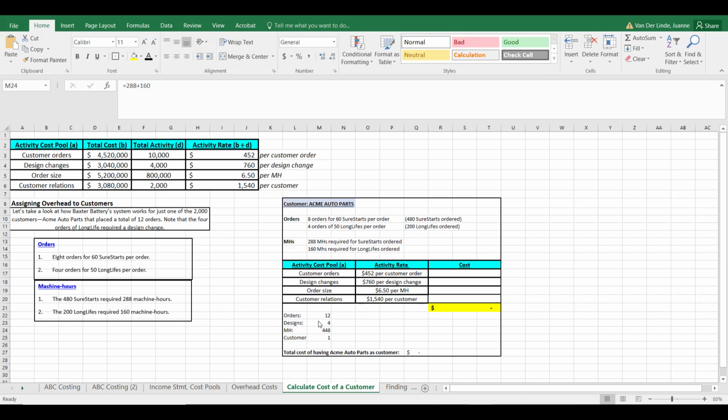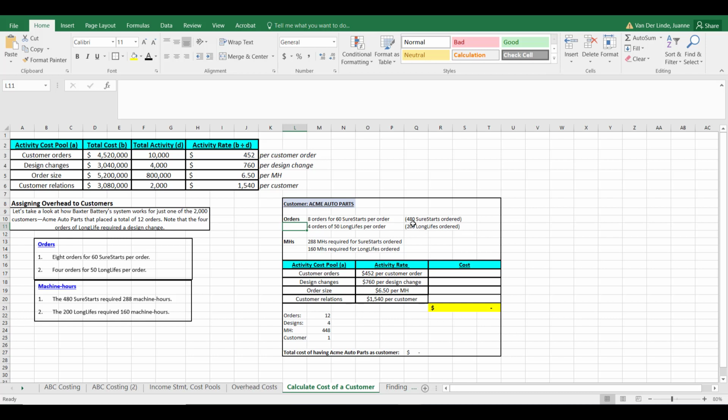Those 12 orders were made up of 8 orders for 60 Sure Start batteries and 4 orders of 50 long life batteries. So in total, they ended up ordering 200 long lives and 480 Sure Starts.